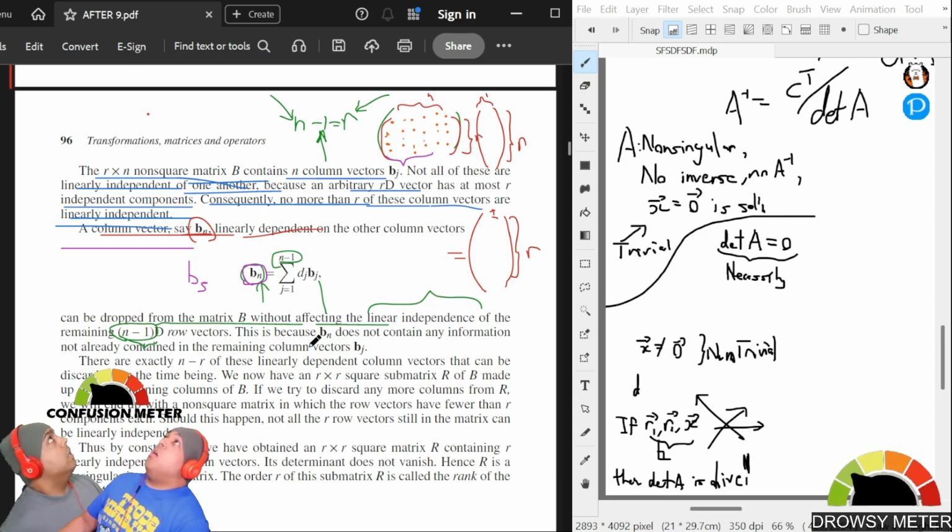B5 could be entirely removed and wouldn't affect the remaining row vectors. This is because B5 does not contain any information not already contained in the remaining vectors Bj.